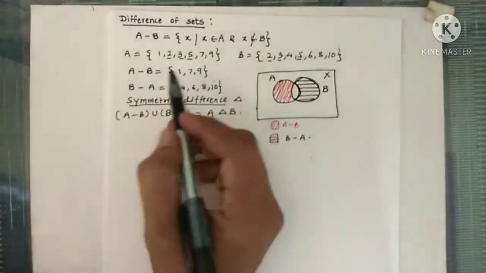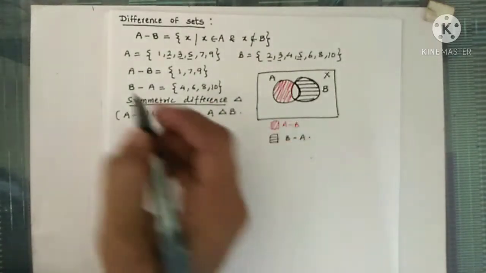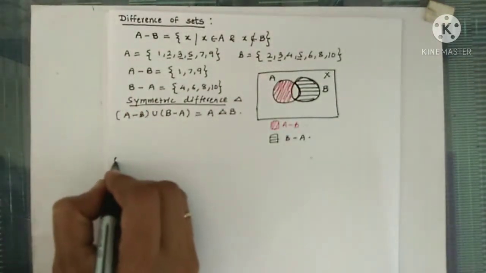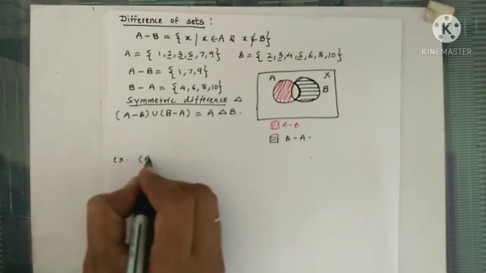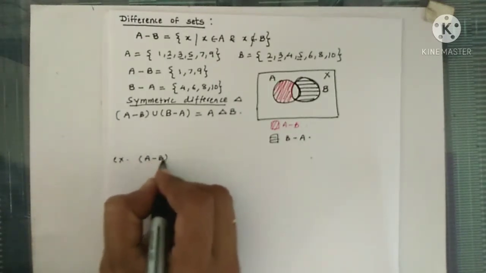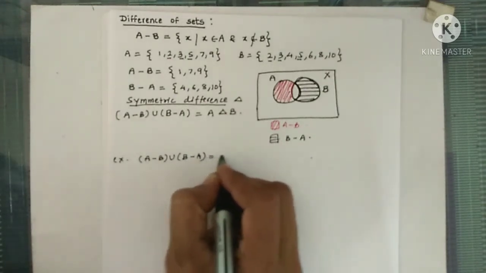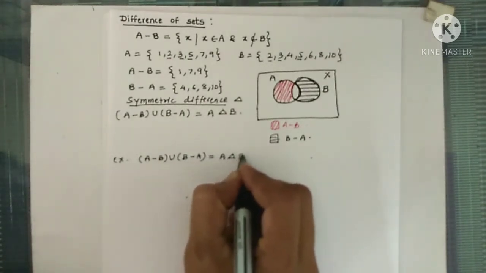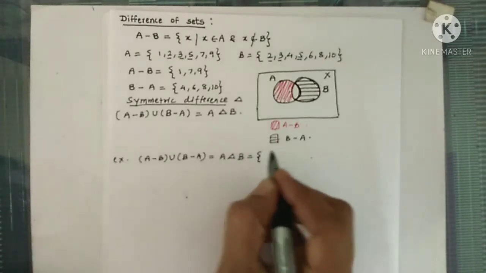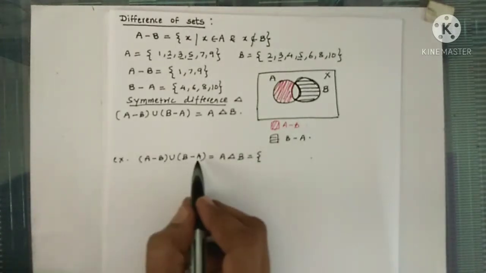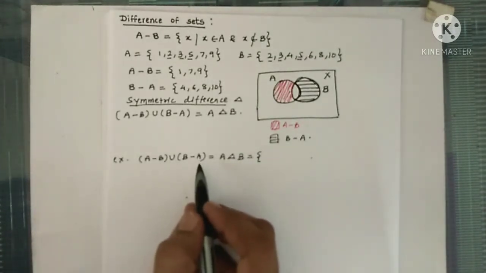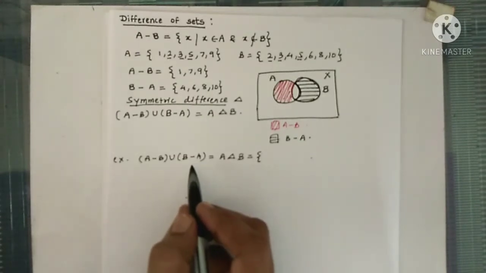So let's take this example only. A minus B union B minus A, in the above example, is the symmetric difference of A and B. So we have to write elements of A minus B and B minus A both. And as they are disjoint sets, they don't have any common elements.